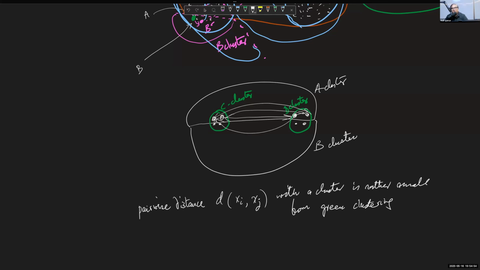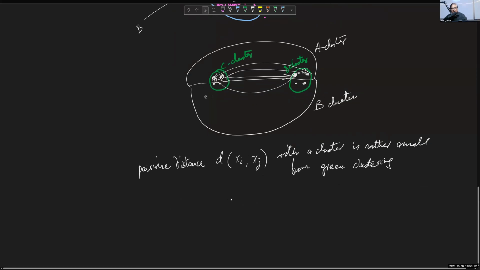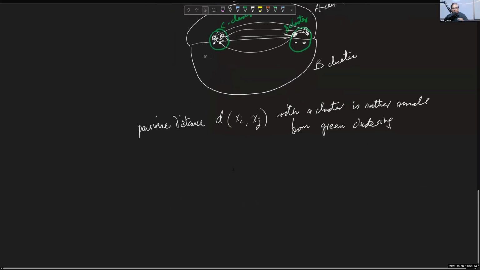This pairwise distance would be quite huge, right? So now we realize that looking at pairwise distances, in some sense, the total pairwise distances, because some distances will still be small, even in the bad clustering. Notice that the 2 left-hand points are close to each other. 2 right-hand points are close to each other. But overall, when you add up all the distances, then it begins to blow up. So you call it, there's a word for it.